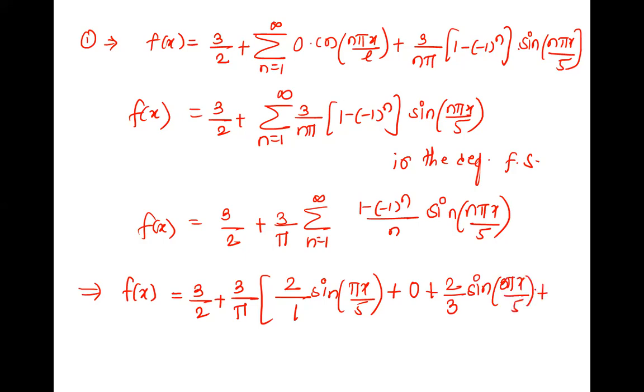What will be the value if n is 4? 0. Right. What will it be if n is 5? 2 upon 5 sin 5 pi x upon 5, that is 5 pi x by 5. If it is 6, it is 0. If it is 7, it is 2 upon 7 sine 7 pi x by 5, right? Plus so on, can I write?